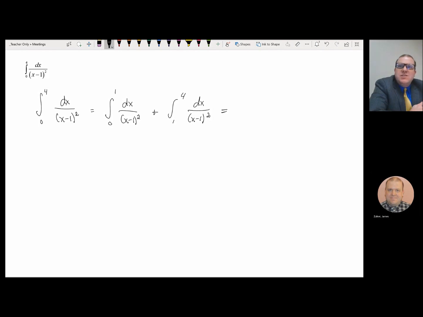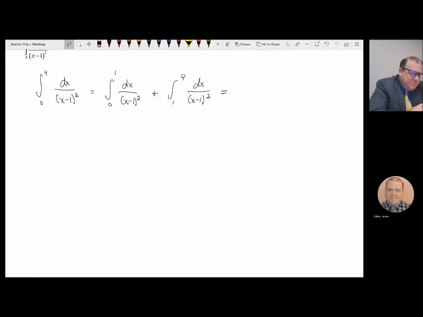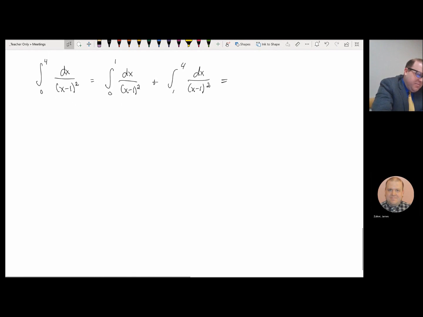I guess it would particularly suck if it was an infinite interval that had points of discontinuity. Then you'd have several limits that you'd have to do. That would be fun, actually. I'm going to need more space. All right. So we look at the first one.